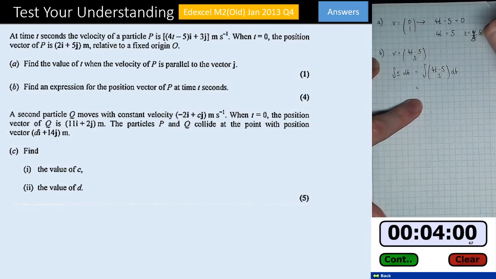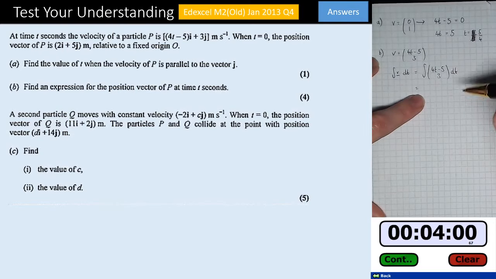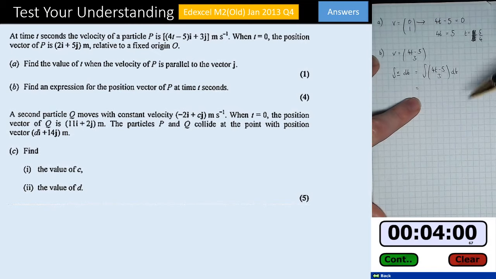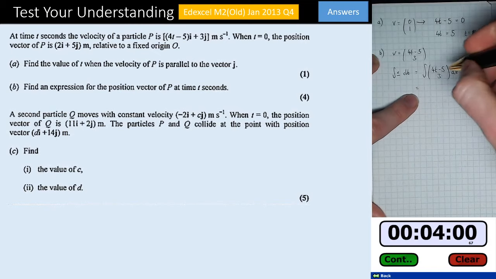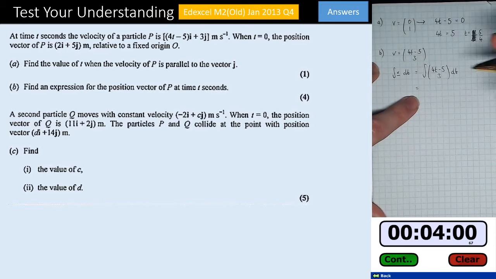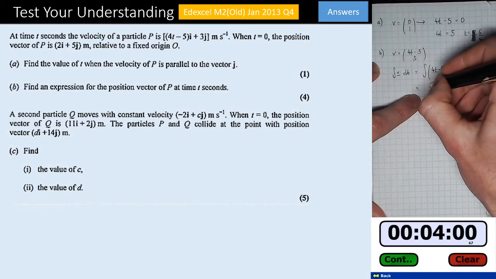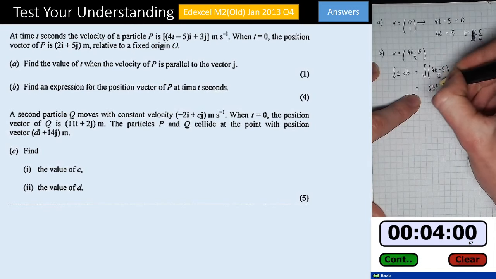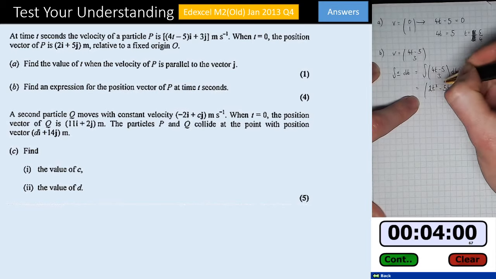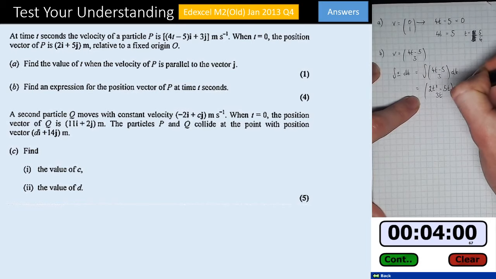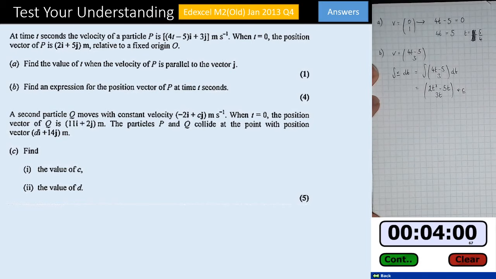Yes, good spot. I'm trying to write my workings more like how I would write them down. So the integral of 4t take away 5, we're going to get 2t squared take away 5t, and the integral of 3 just becomes 3t, plus our constant vector.